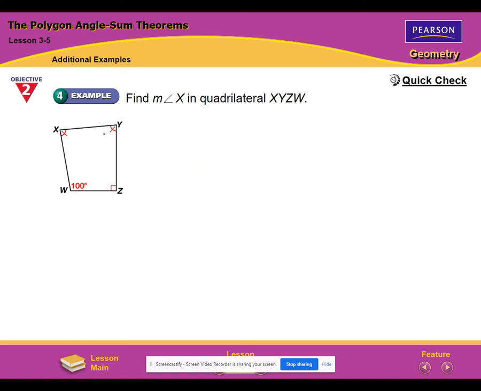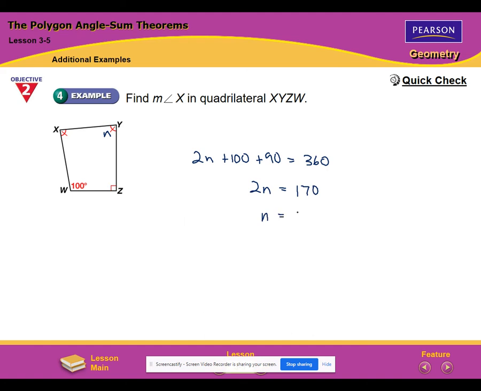So basically, let's just call this n. You have two angles that are the same measure, plus 100, plus 90, and they're going to add up to the angle sum of a quadrilateral, which we just determined is 360. So simply solve this algebra problem. You'd get 2n, and if you subtracted the 100 and the 90 from both sides, you'd have 170.